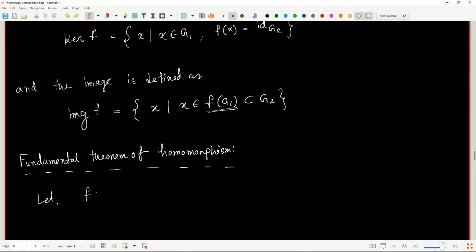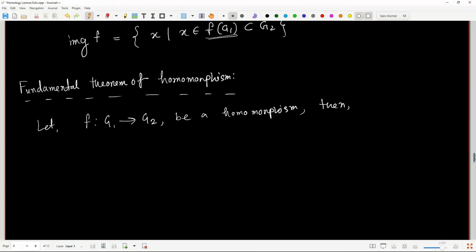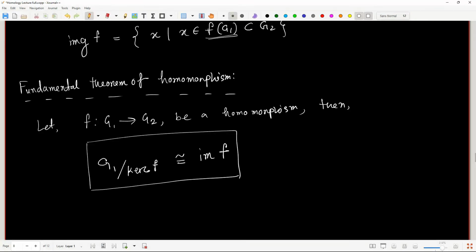Let F be a group homomorphism from G1 to G2, then G1 mod the kernel of this map is isomorphic to the image of F. This theorem will help us a great amount when we are trying to compute the homology groups.